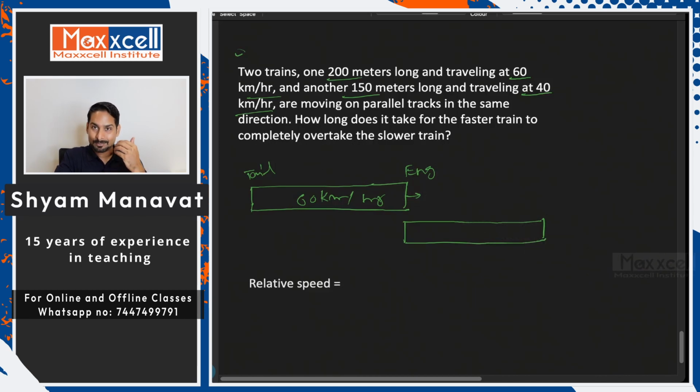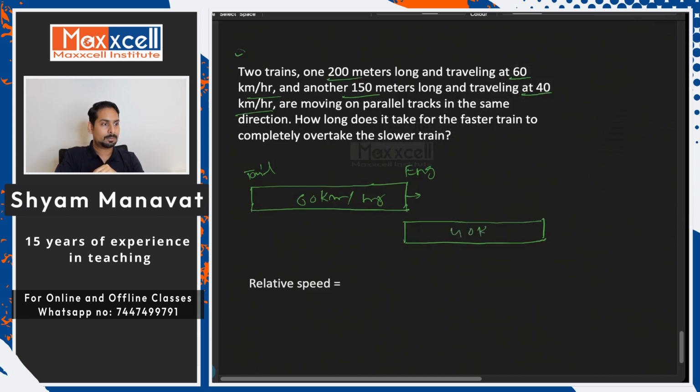Of course, only in this case will the faster one overtake the slower one. Think about it. If the faster one is already ahead, how will it overtake? There is no need of overtaking, right? You will be able to overtake only when you are behind. The faster one is behind the slower one. Correct? That's very obvious, isn't it?